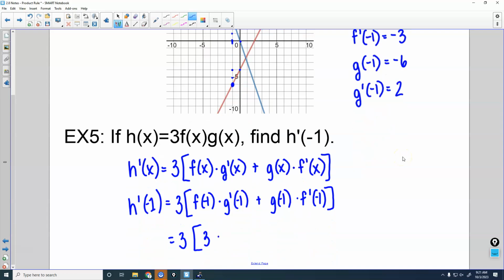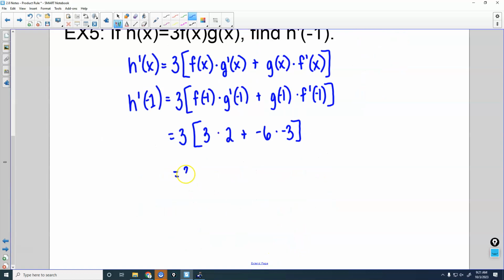So f of negative 1 was 3, g prime of negative 1 is 2, g of negative 1 is negative 6, and f prime of negative 1 is negative 3. So we've got 3 times 6 plus 18, which is 3 times 24, which is 72.